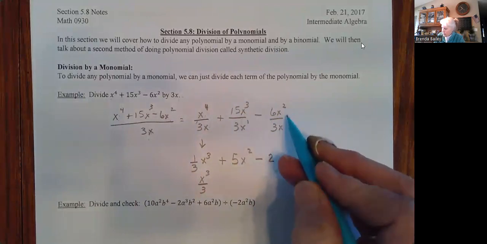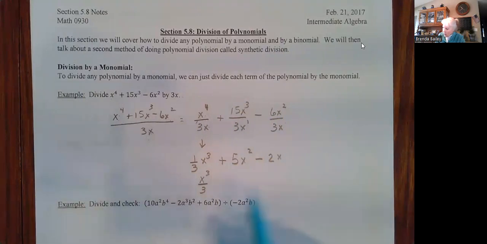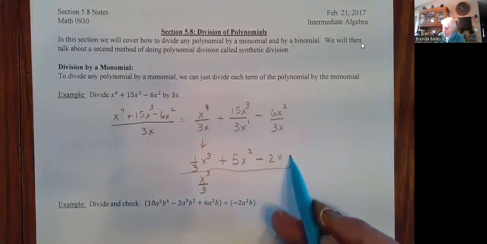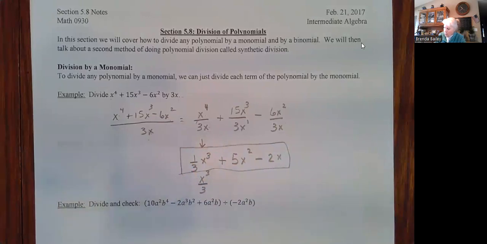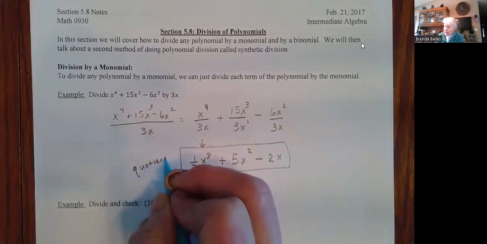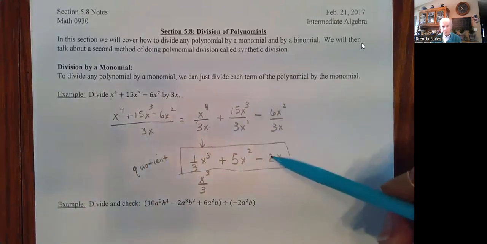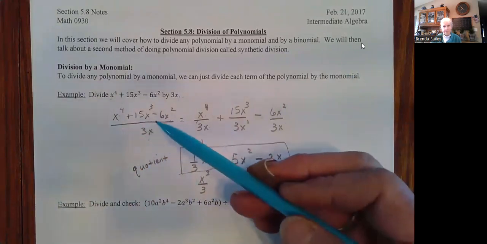And 2 minus 1 is 1. There's your solution. Now, this solution is called a quotient. So the solution in division is a quotient. So if they say, find the quotient, they want you to divide. It's the answer in division. So this is a simplified form of this right here.